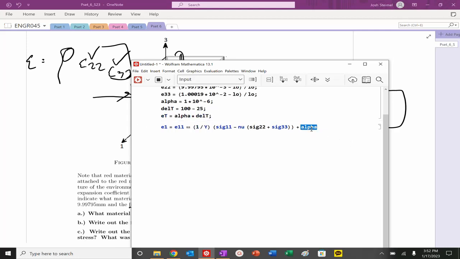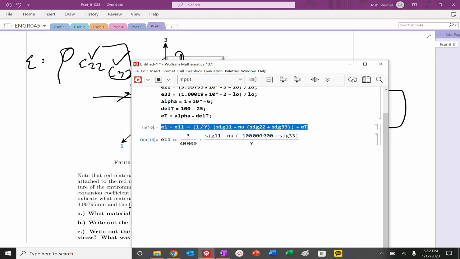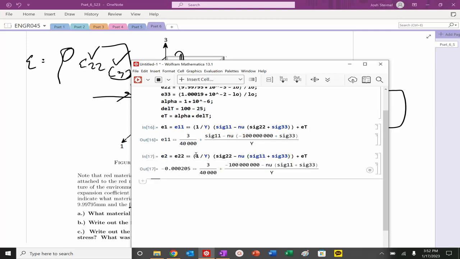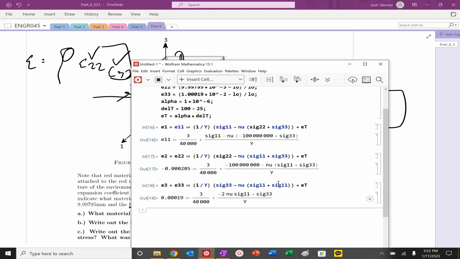That's my E1, and my E2 is the strain of the 22 times sig 22 times sig 11. And my 3 equation is going to be strain in the 3,3 and stress in the 3,3. And then instead of stress there, we're going to do that 1,1 here.